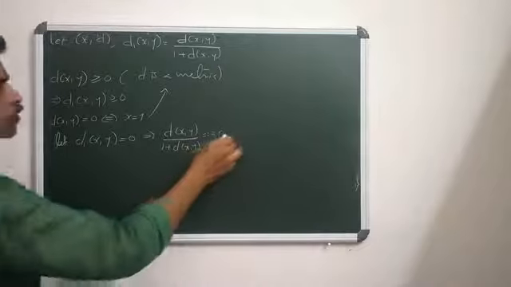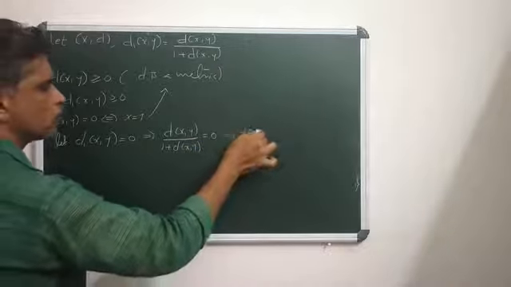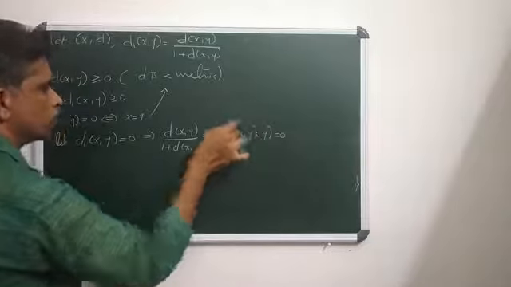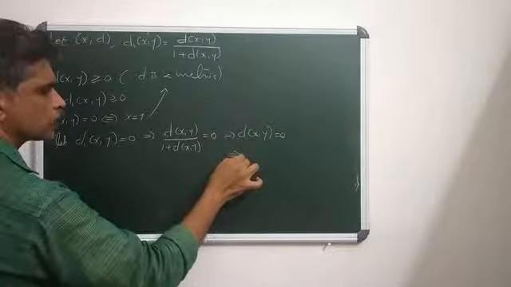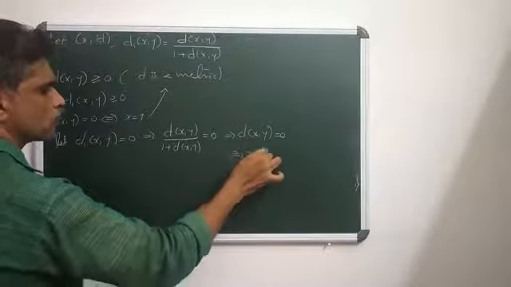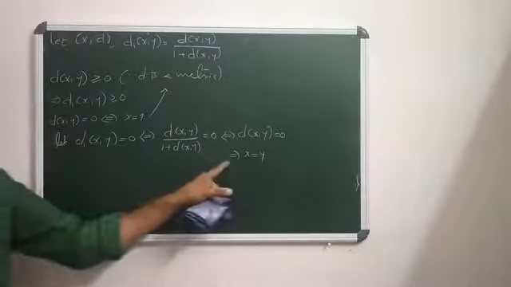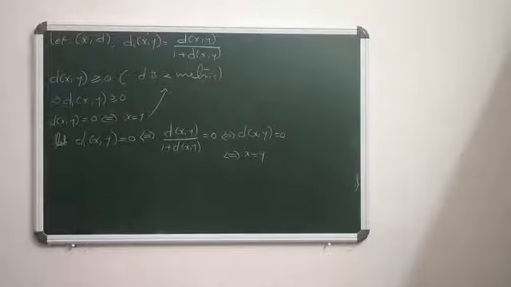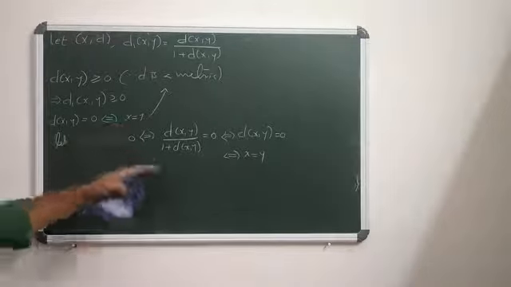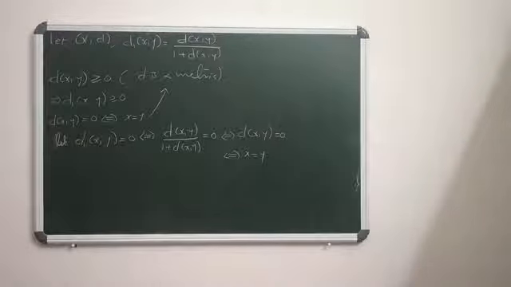So this fraction equals 0, that means its numerator equals 0, means d(x,y) equals 0, which is if and only if x equals y. So clearly d1(x,y) equals 0 if and only if x equals y. Hence the second property, the equality, also holds.